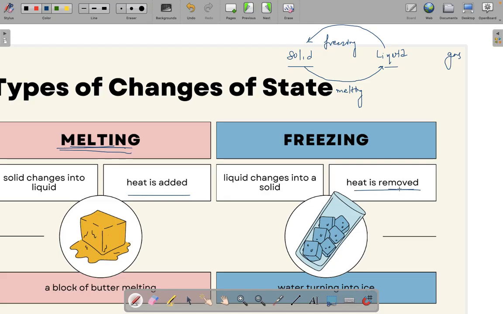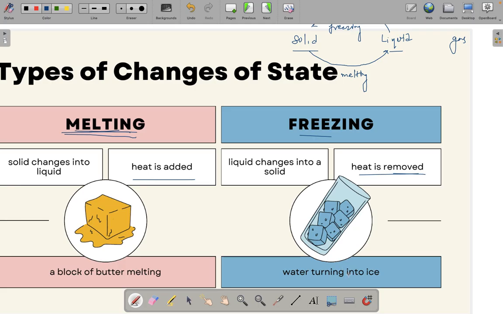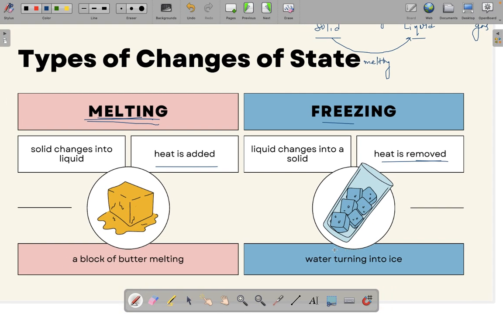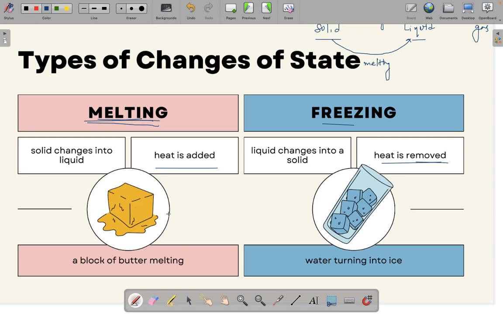So freezing or cooling means removing heat, and melting means adding heat, right? So when you freeze, liquid changes into a solid. So freezing is the process wherein liquid changes into solid. For example, water turning into ice. Or say if you have this liquid butter, if you freeze it again, it will become solid butter. So that is again an example of freezing.